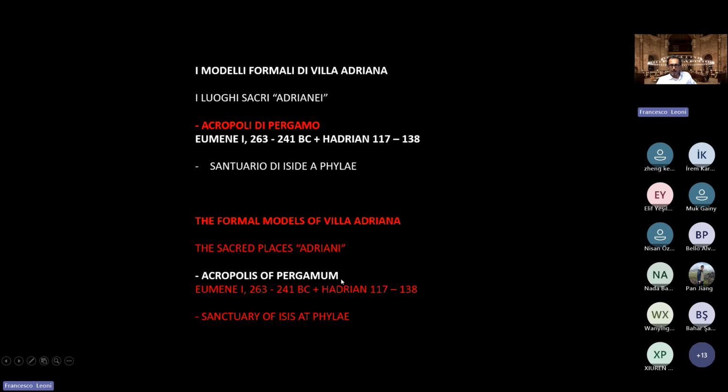The Acropolis of Pergamum in present-day Turkey was built by Eumenes I between 263 and 241 before Christ, while Hadrian's villa was built between 117 and 138 after Christ.